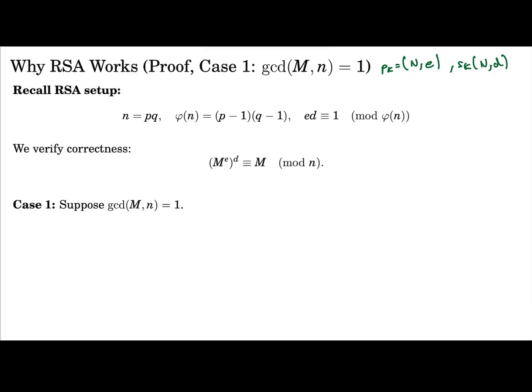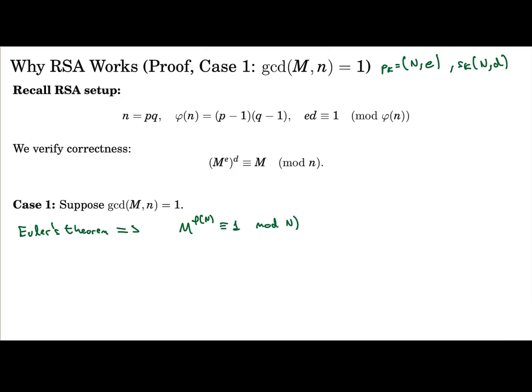So let's do this. Let's break it into cases. So suppose first that the message and n are coprime. So they have GCD 1. In that case, by Euler's theorem, we have, so Euler's theorem tells us that m to the phi n is congruent to 1 mod n.